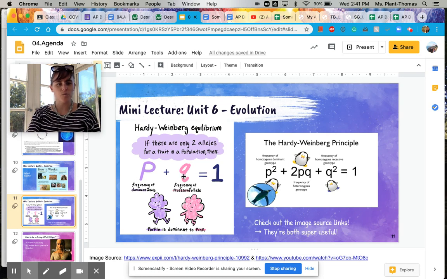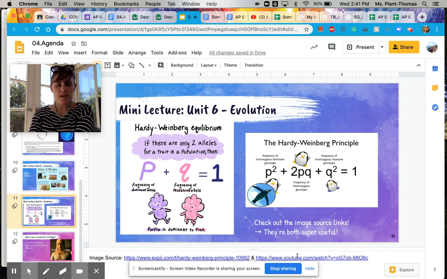These values for P and Q are remaining the same. However, if there is change going on in those values, meaning that the amount of the dominant allele is increasing over time, if we see that to a significant degree, then that's almost certainly a sign that evolution is occurring. So that's the whole concept of Hardy-Weinberg.